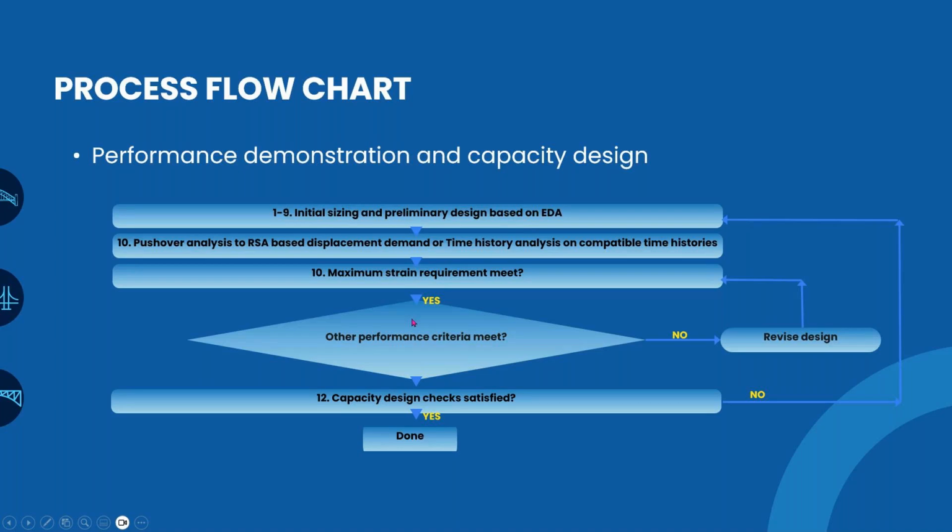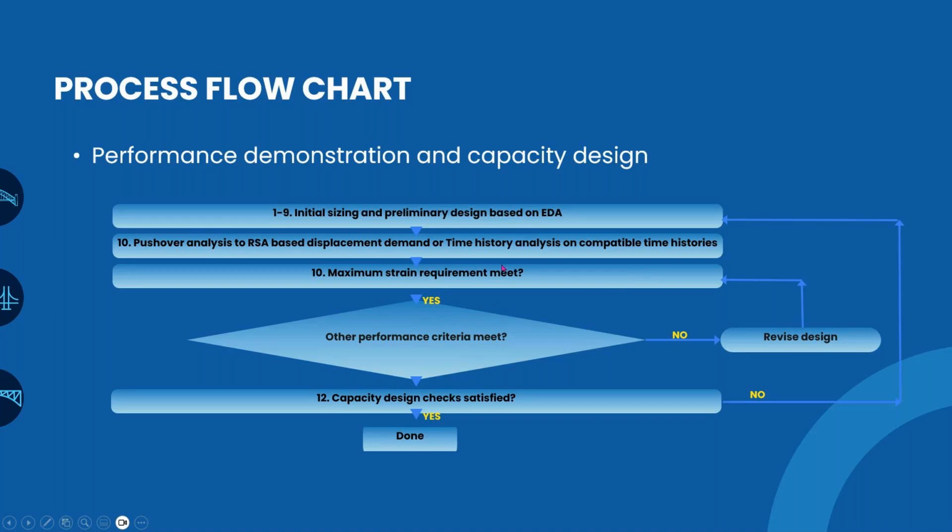So if the strain requirements which are prescribed by CSS 619 are met for that particular structure, we say that the structure is having a particular performance level, and if those criteria are not met, we revise the design and go back and check whether the strain requirements are met again or not.